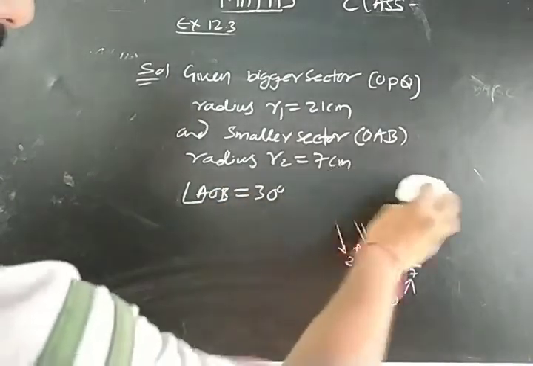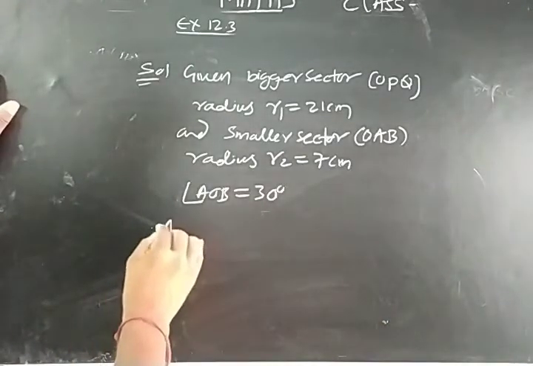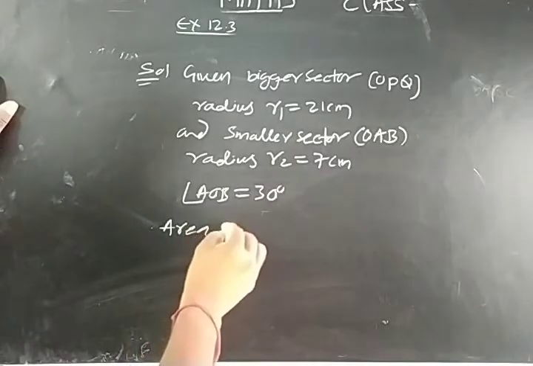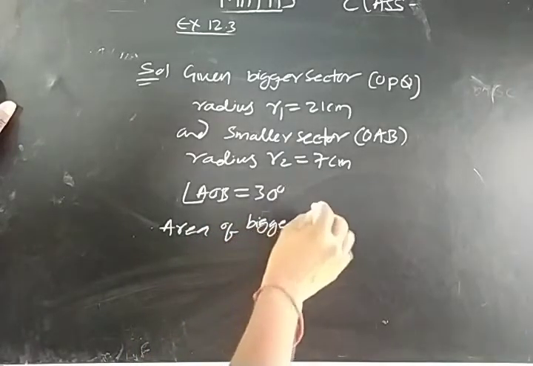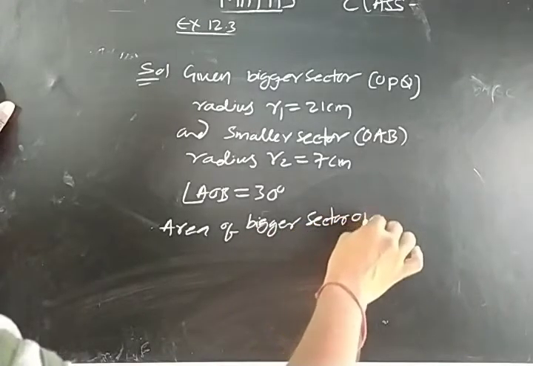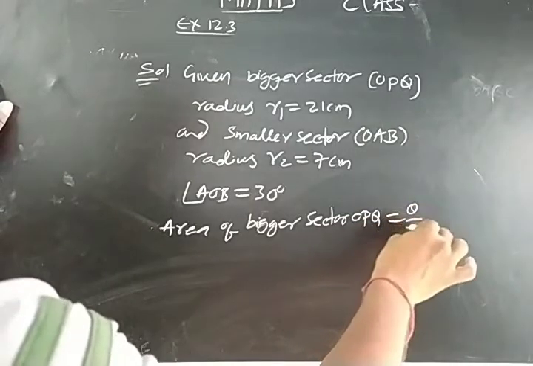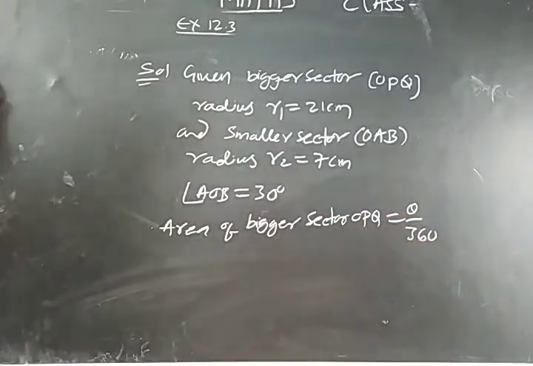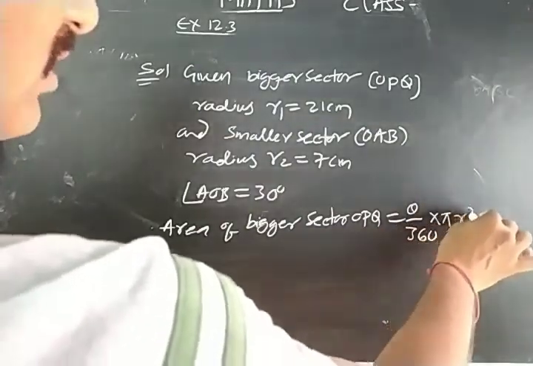Now I am finding the area of the bigger sector. Therefore, area of bigger sector OPQ is equal to theta by 360 into pi r square.